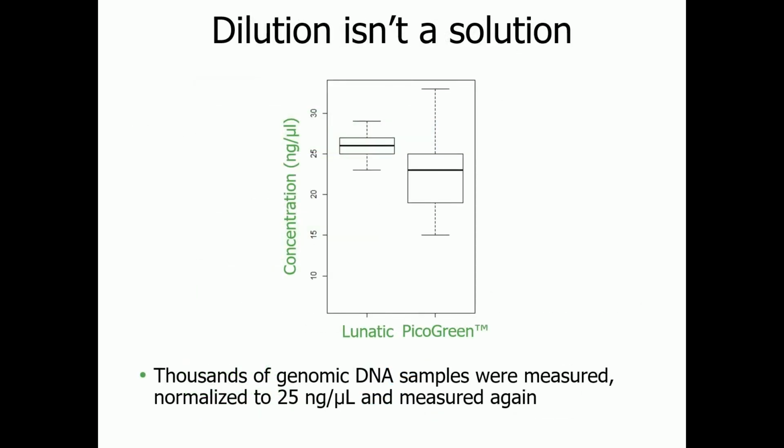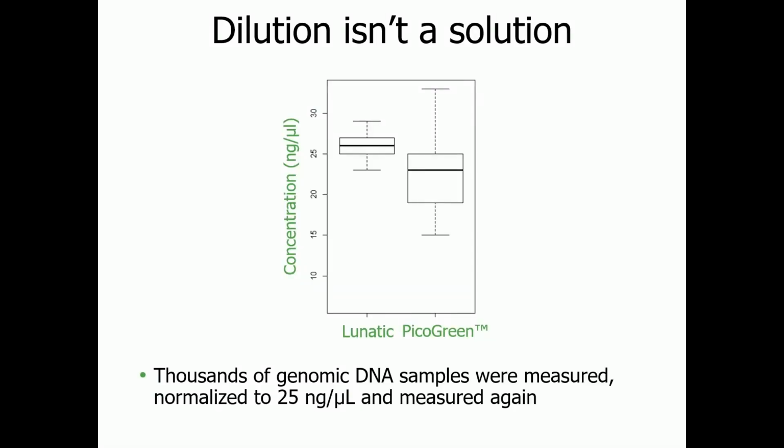If you're curious which method is more accurate, we can actually take a look at that too. You can see the outputs here from one of our biobank customers, where they compared the results of exactly the comparison I'm describing. They quantified thousands of genomic DNA samples with either Lunatic or picogreen, then normalized those DNA samples to 25 nanograms per microliter, and then measured again.